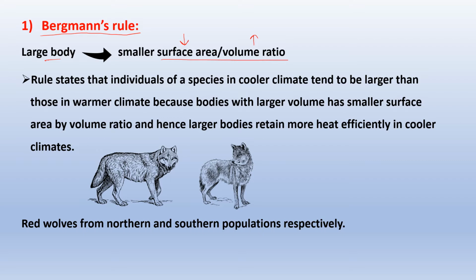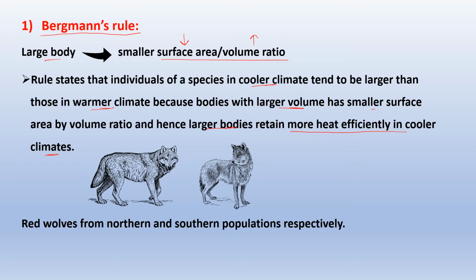This rule states that individuals of a species in cooler climates tend to be larger in size than those in warmer climates, because bodies with larger volume have a smaller surface area to volume ratio, as I told you before. Hence, larger bodies retain heat more efficiently in cooler climates, obviously.